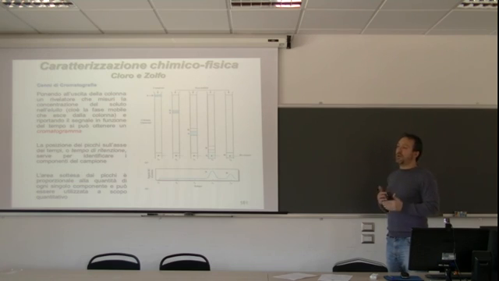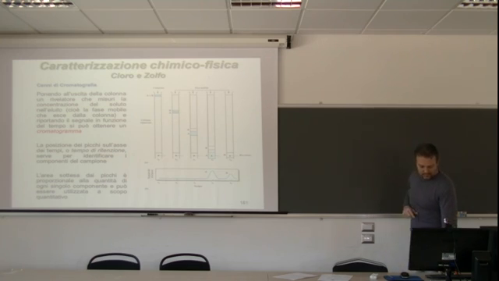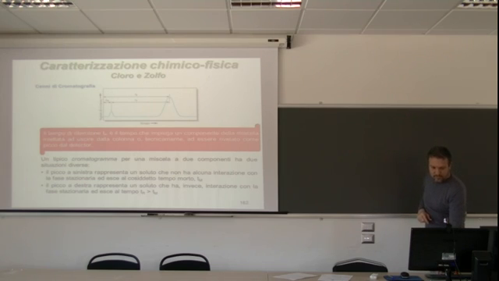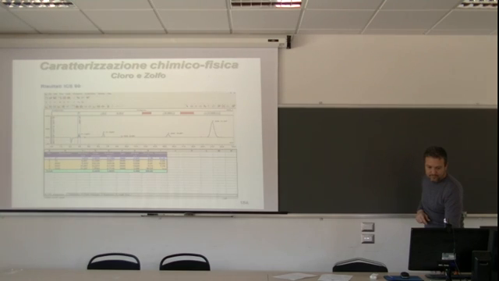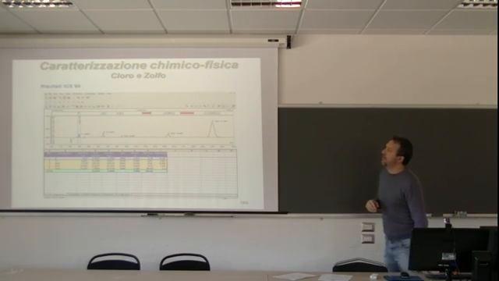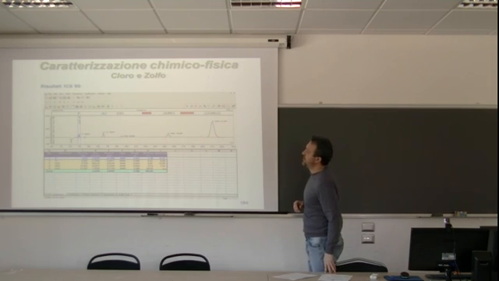For example, we use liquid chromatography for sugar measurement, for alcohol measurement, while we use ionic chromatography for chlorine and so for this measure. Okay. And this is, for example, the result of our ionic chromatographer.